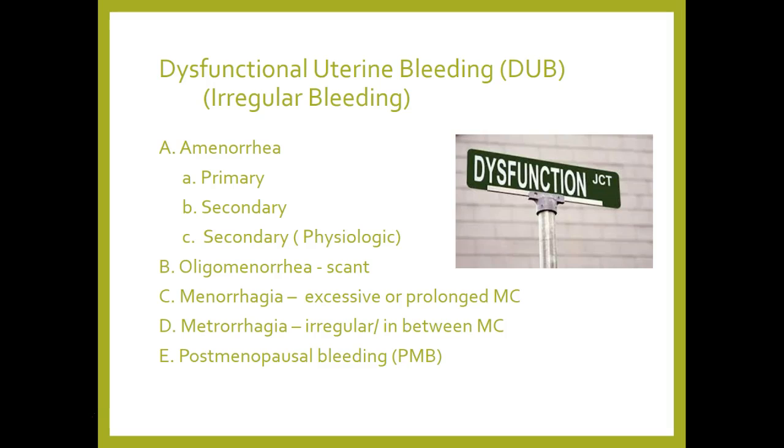Oligomenorrhea is just a very scant bleeding, like we said before, and that's indicative of some type of hormonal imbalance. Menorrhagia is usually linked to thyroid disorders, endometriosis, pelvic inflammatory disease, some type of ovarian cysts, fibroids, clotting disorders, or people who are taking anticoagulation medications.